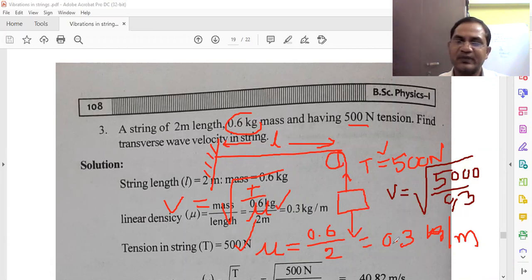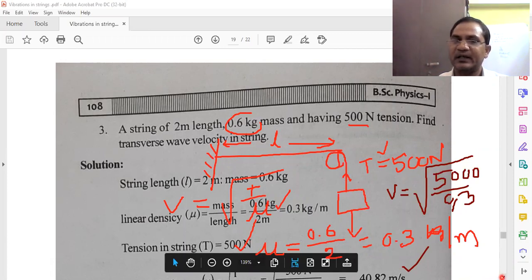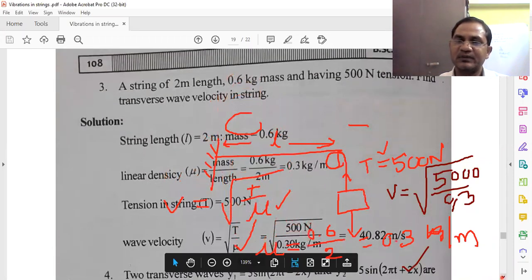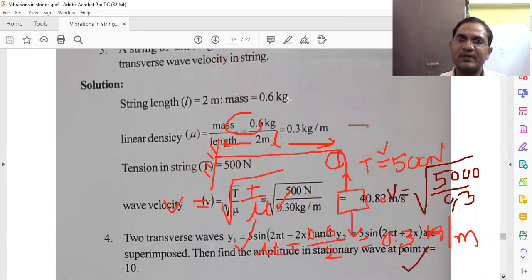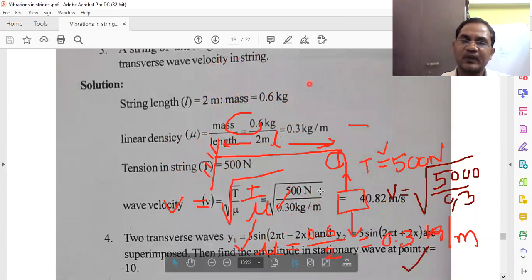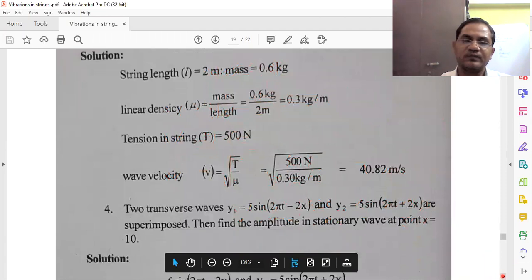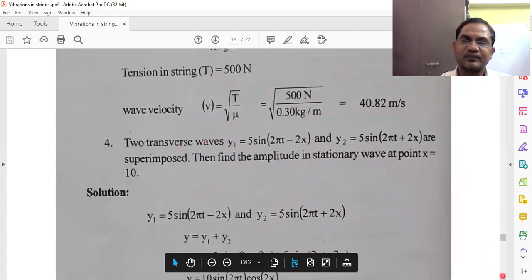So you simplify this one. You will get 40.82 meter per second. The square root of 5000 by 3 is equal to 40.82 meter per second. That's all. Now, one more problem.